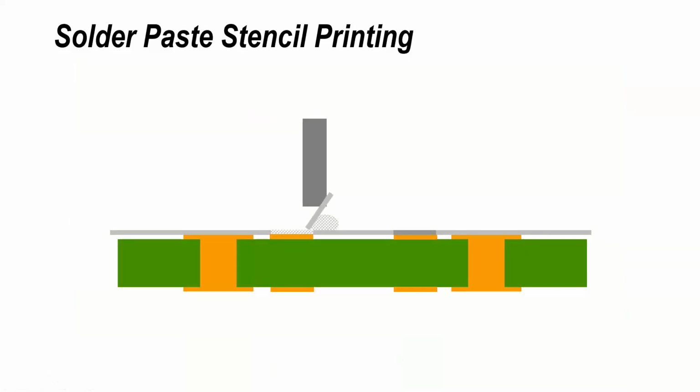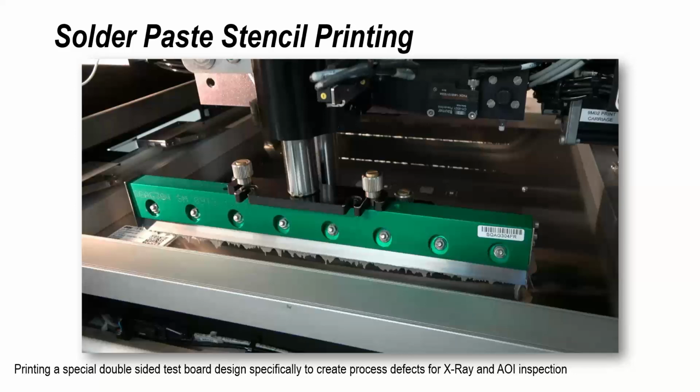So to print, we pass the solder paste across the surface in a rolling action, applying force down through the aperture onto the pad, as we see indicated here by this animation. And then when the stencil separates from the surface, we get, hopefully, a perfect print.